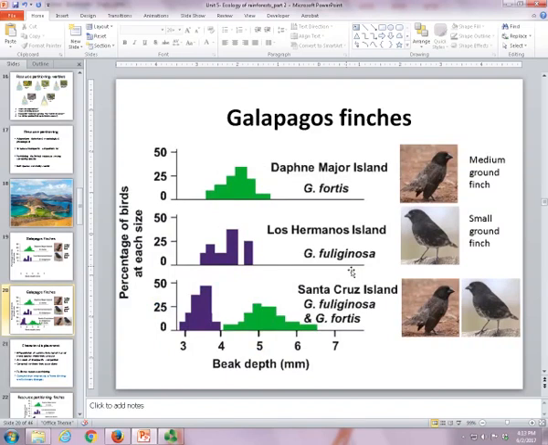in Daphne major and Los Hermanos, you will find only one species and there's no competition. But in Santa Cruz, you have both species, so technically they have to compete with each other, but they avoided competition by changing their beak depth, so they can actually utilize two distinct groups of seeds, and there's no competition between them because of that.